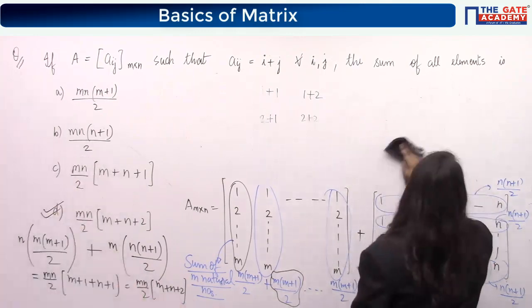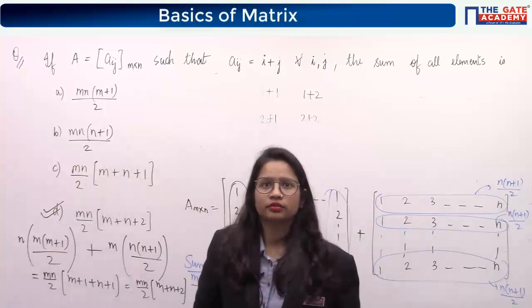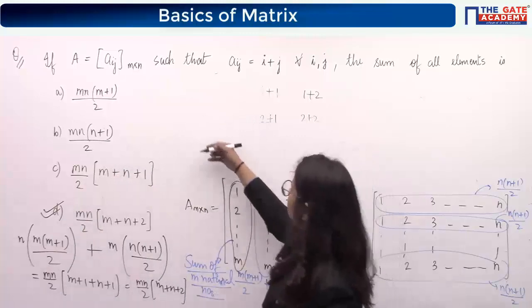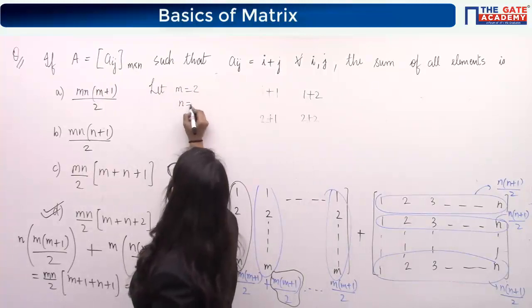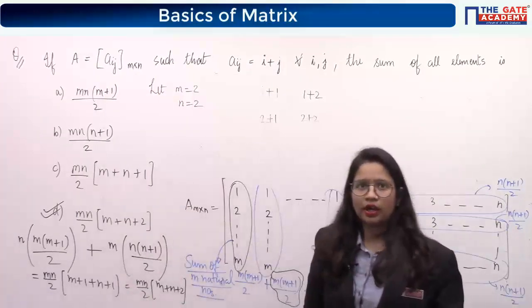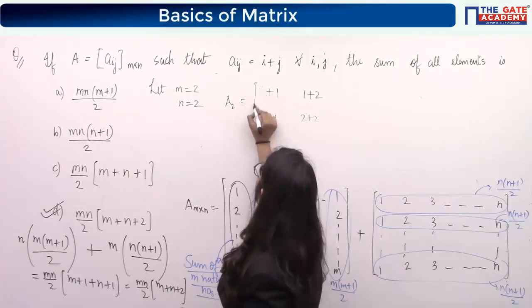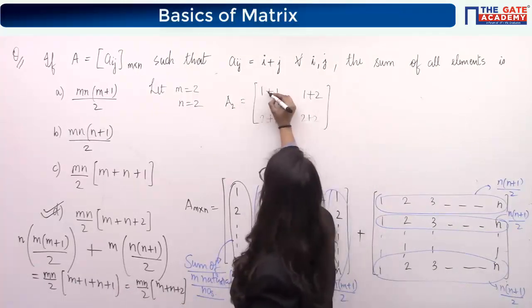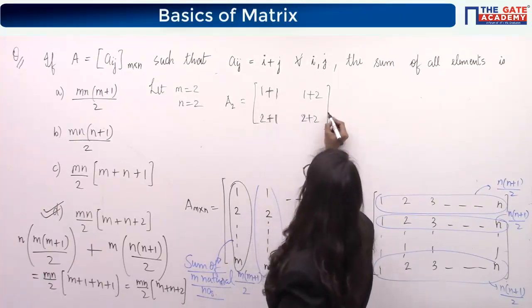So verification means just assume some value of m and n. Let's say that m is 2 and n is also 2. If m is 2, n is 2, then this matrix will become of order 2, and the matrix will be something like this: 1 plus 1, 2 plus 1, 2 plus 2 and 1 plus 2.